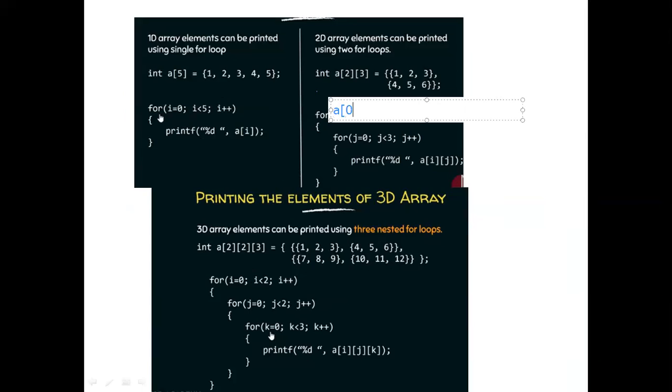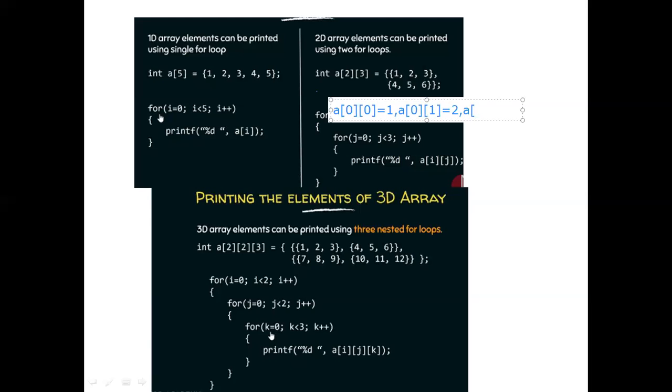A of 0 comma 0, what is the value? 1. A of 0 comma 1, what will be the value? 2.